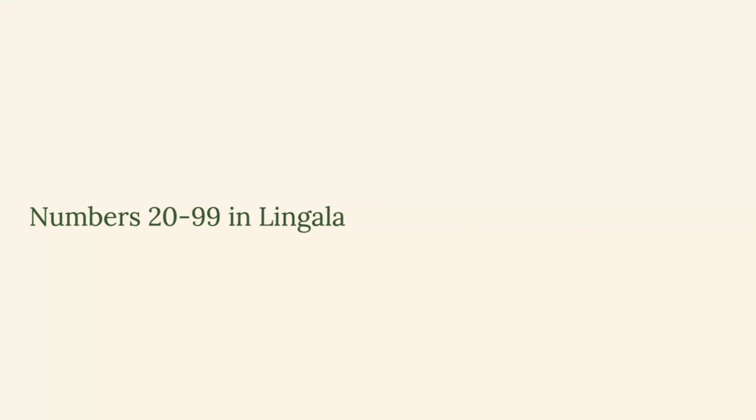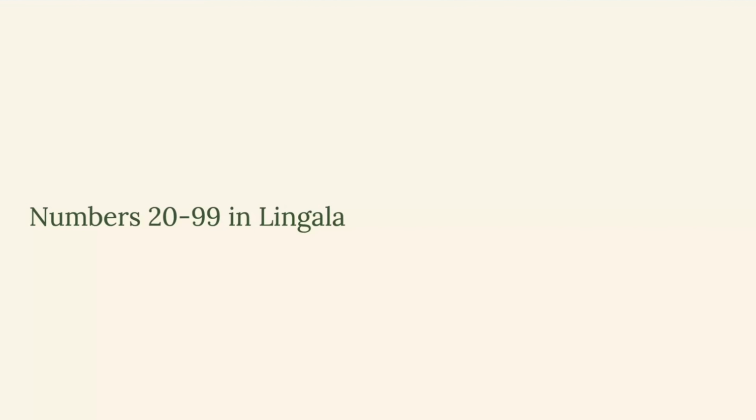Lingala simply puts that numerical reference point at the beginning of the number instead of the end. And in Lingala, the T, like 20, 30, 40, is replaced with the word Ntuku. As you'll see, Ntuku is used at the beginning of every number from 20 through 99.